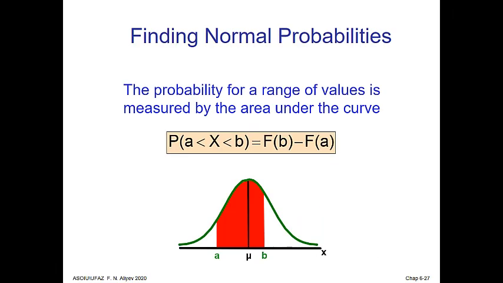The probability for a range of values is measured by the area under the curve. So the probability of x being between a and b equals the area under the graph bounded by the a and b lines, calculated using the cumulative function like this: probability of x being between a and b equals F of b minus F of a.